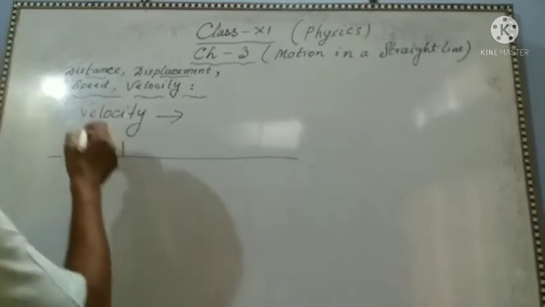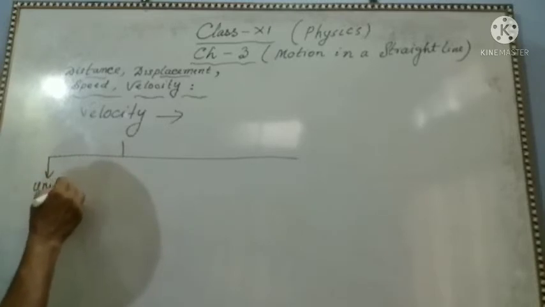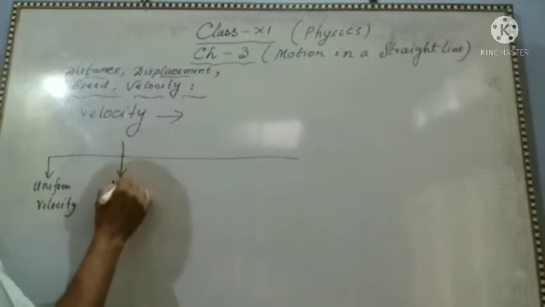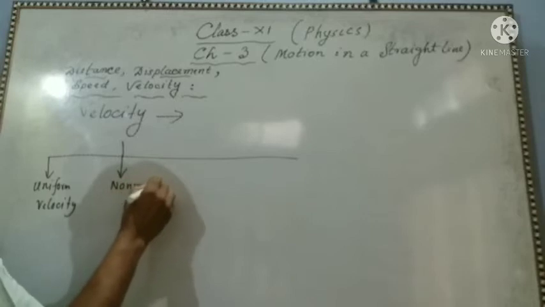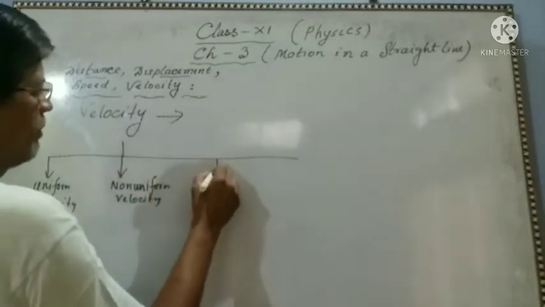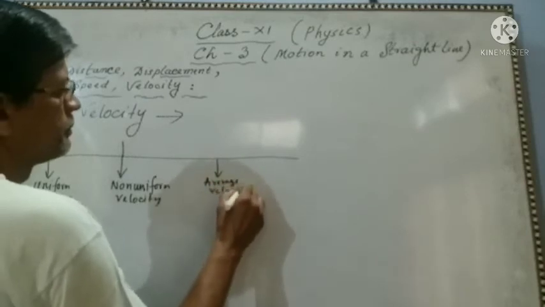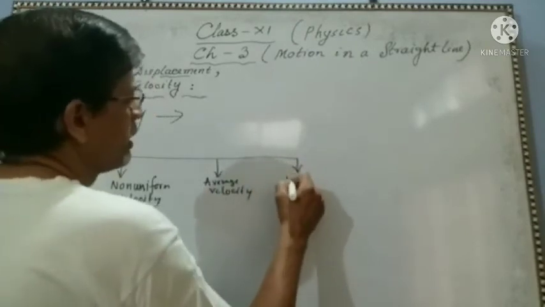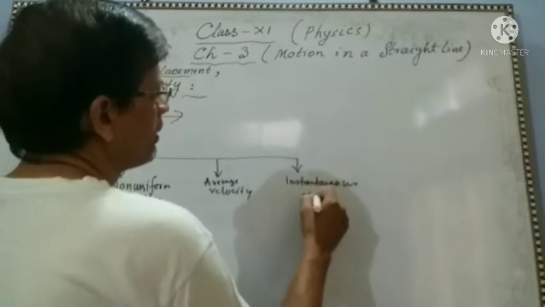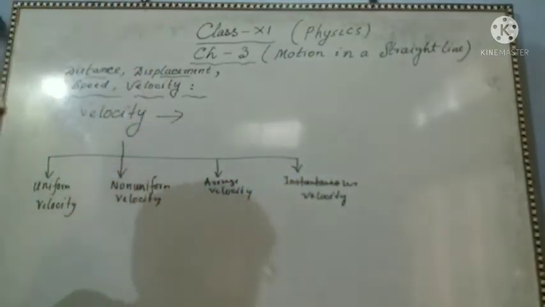Now you see velocity: uniform velocity, non-uniform velocity, average velocity, instantaneous velocity. So it is similar to speed.